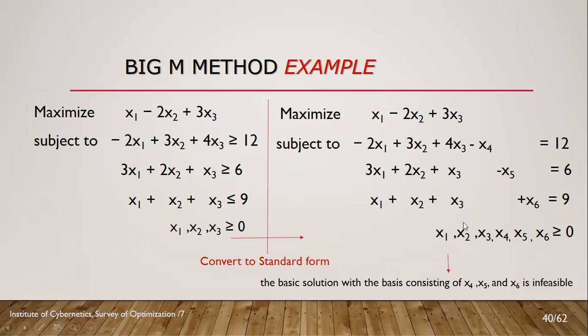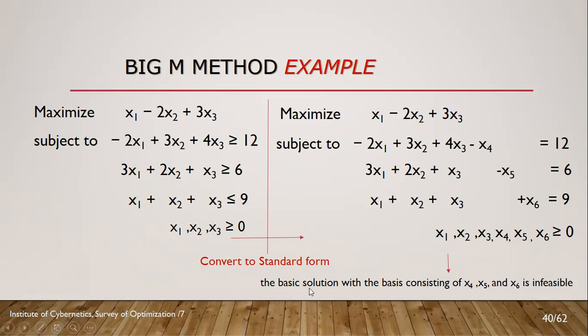This is another excess variable which is subtracted, denoted as x5. And x1 plus x2 plus x3 plus x6 equals 9, where x6 is a newly introduced slack variable. Therefore, the non-negativity constraint extends to all the x's with indices from 1 to 6.